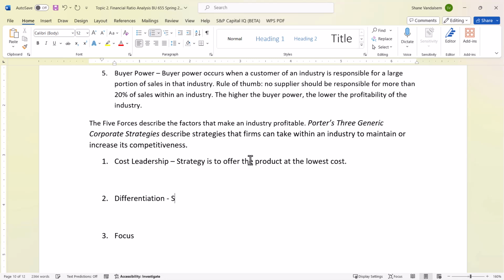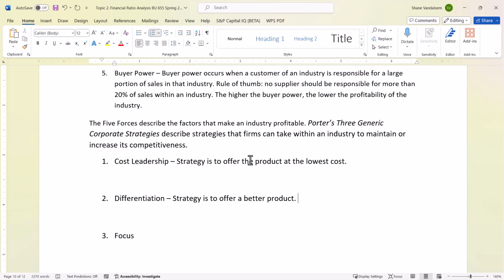Differentiation: the strategy here is not to offer the lowest cost. The strategy here is to offer a better product that can be differentiated between products.